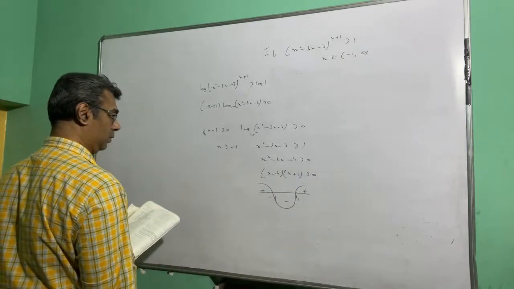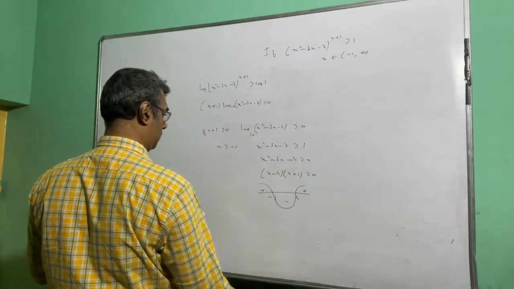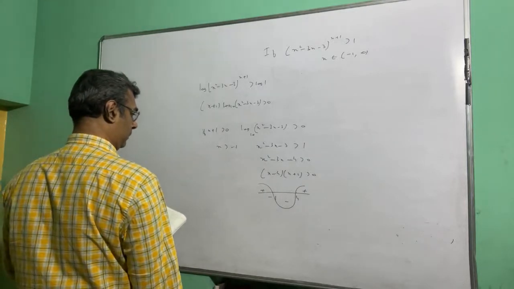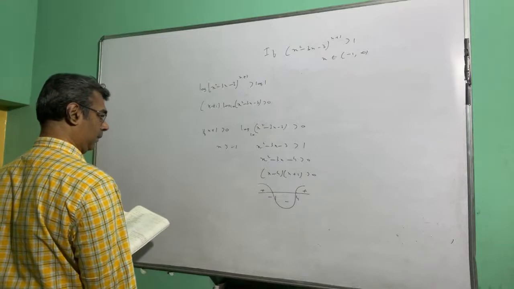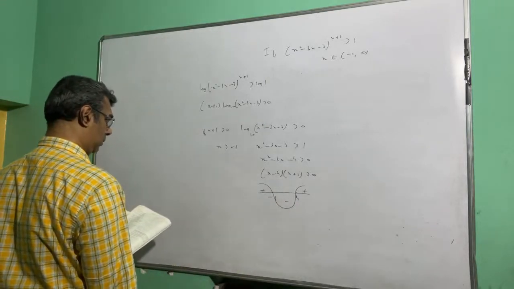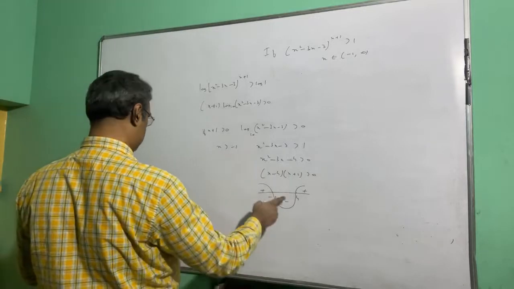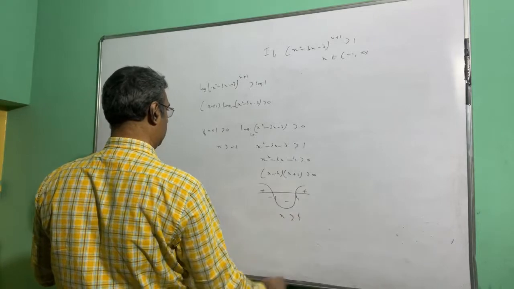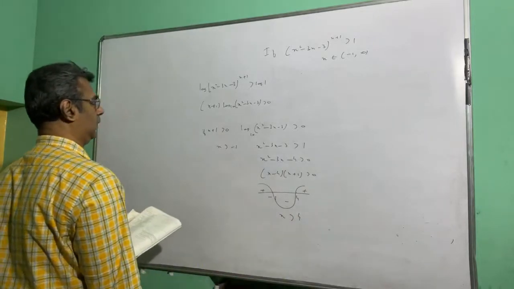So either x is more than 4 or less than minus 1, but we are getting greater than minus 1. So clearly x has to be greater than 4, right?